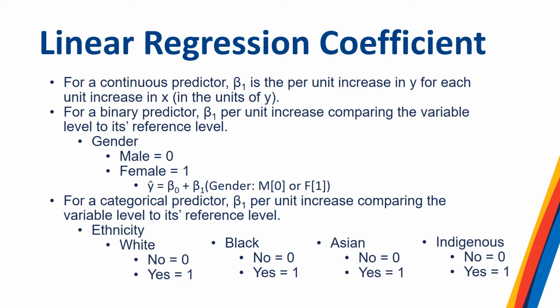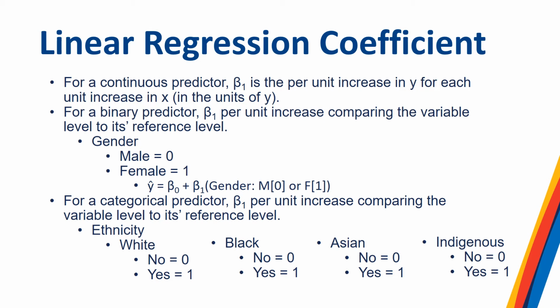You can predict that. For a binary predictor, however, this relationship changes, because with a binary predictor you can't just move up indefinitely. So for a binary variable, we create what we call a dummy variable. Take gender, for instance: we would have males equals 0, females equals 1. Now you could switch that over depending on which one you want to be the reference group, and the reference group would be the one indicated by 0.